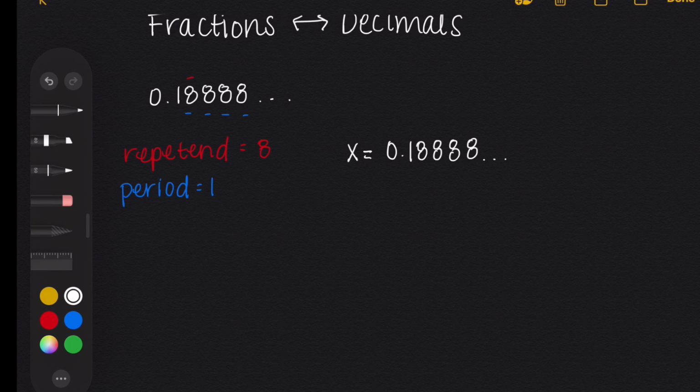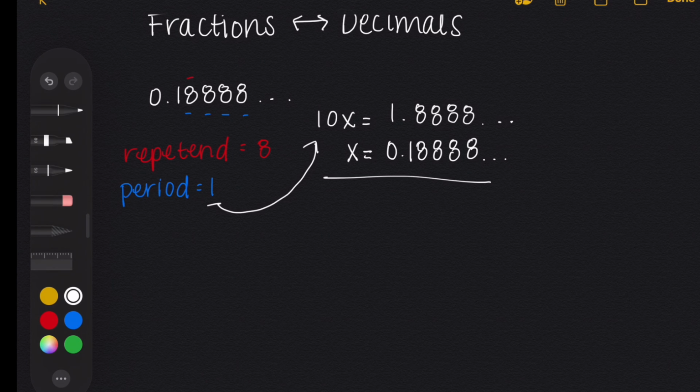We would look at the period, and because the period is 1, we would then put on top 10x and move the decimal 1 place to the right, and now we would have 8.8888 repeated. And we would solve this, so we would get 9x is equal to 8 because all the 8's are canceling out.